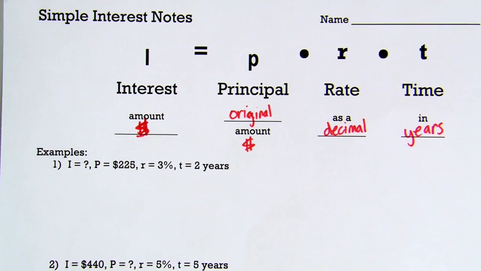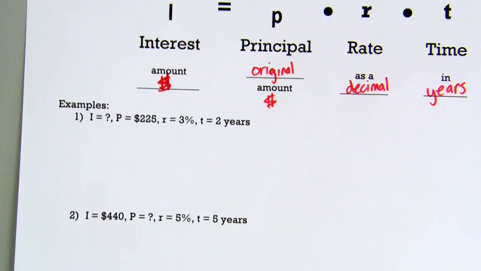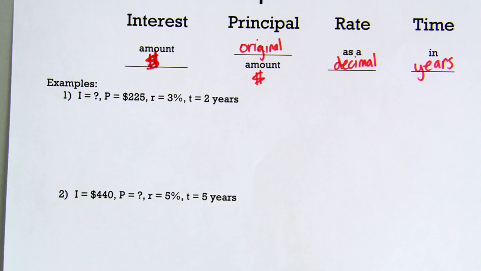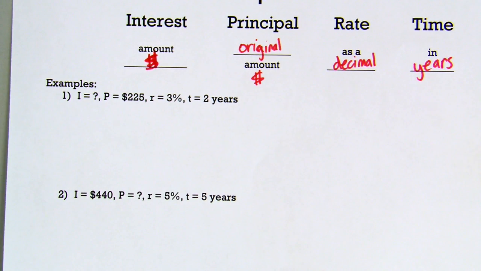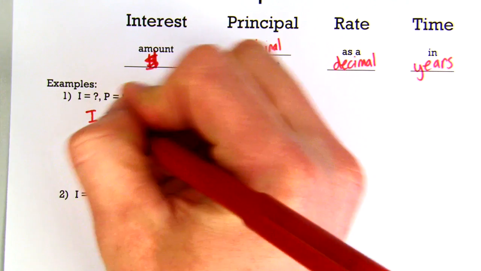But let's go ahead and practice using our formula. In our first example, notice how they give us each piece of information. They don't tell me what the interest is, so I put I for interest.